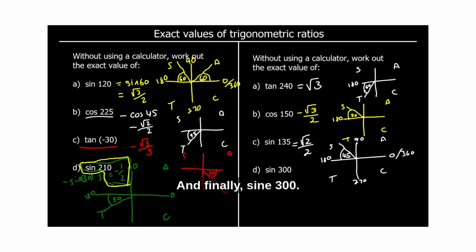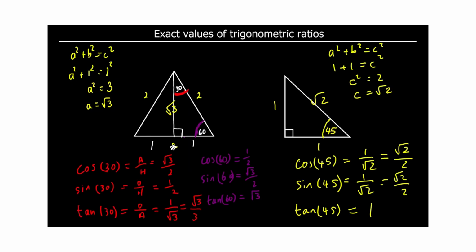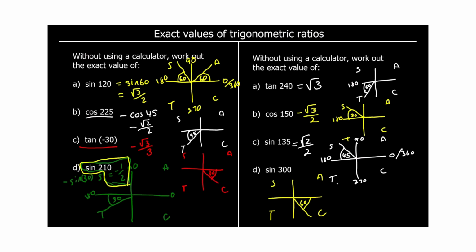And finally, sine 300. So 300 is 60 back from 360. It's 60 degrees. Sine is negative, so it's a negative version of sine 60, which is negative square root 3 over 2.